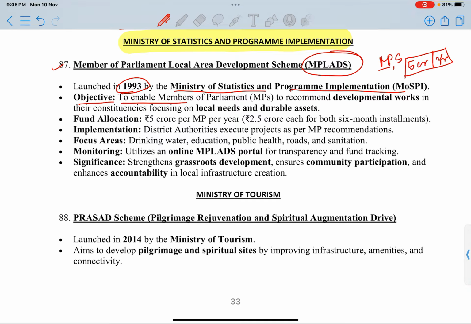The objective is to enable members of parliament to recommend developmental work in their constituencies, focusing on local needs and durable assets. Fund allocation: 5 crore, 2.5 crore in each six-month installment. Implementation by district authorities, focus areas: drinking water, education, public health, roads, and sanitation. Monitoring through the online MPLADS portal.